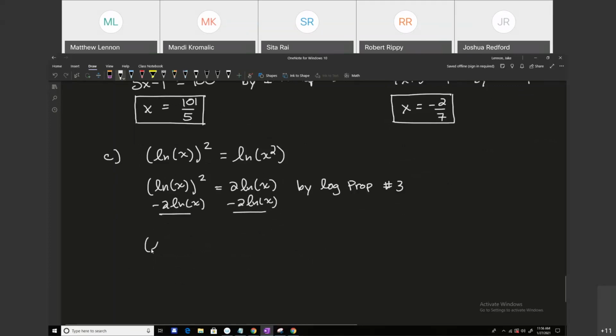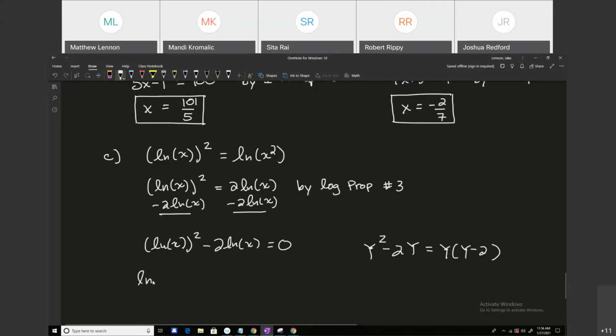Right, so then I have the natural log of x, quantity squared, minus 2 natural log of x equals 0. Well, what has that accomplished? It's actually given me something that I can factor, right? If you think about y squared minus 2y, this could factor into y times y minus 2. But I don't have capital Y in common. I actually have natural log of x this time.